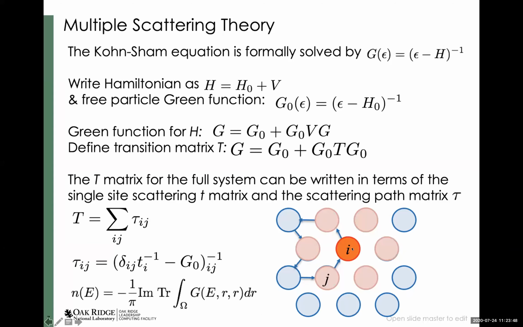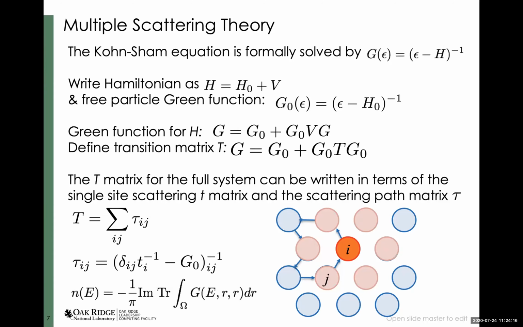So you sort of say you have an electron starting at some site I, scattering through the material until it comes to site J, as you see down there. And then you can calculate this scattering path matrix tau that you see there, which describes how the electron scatters throughout the system.